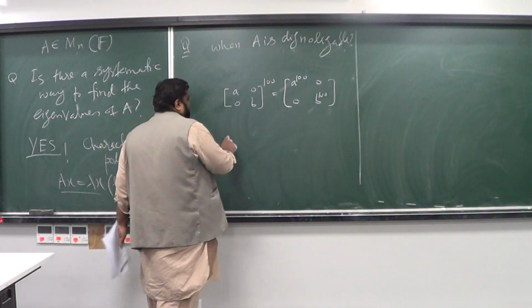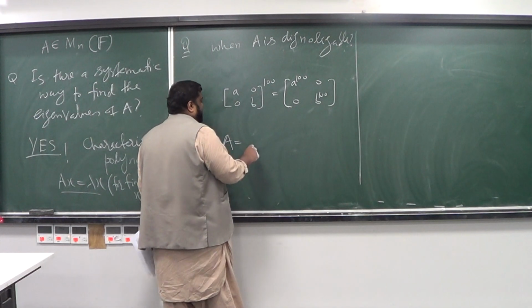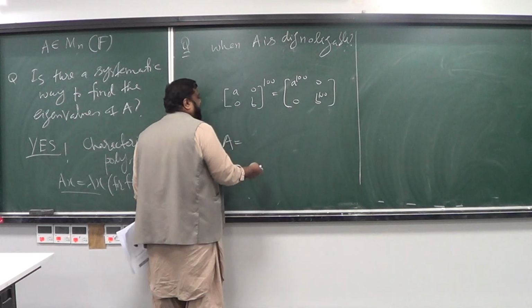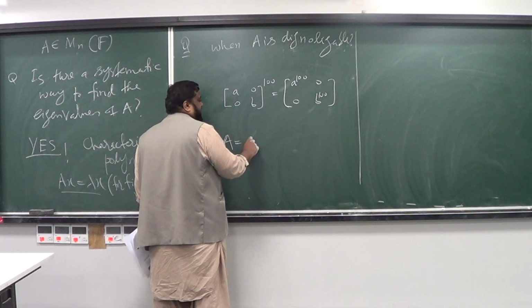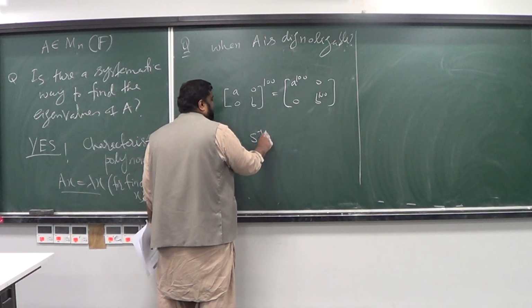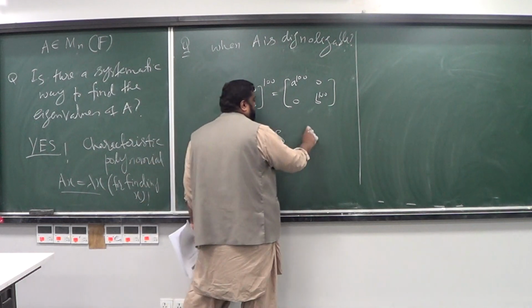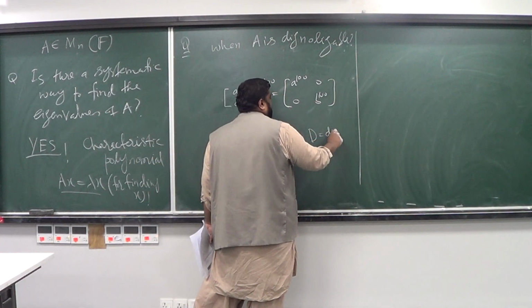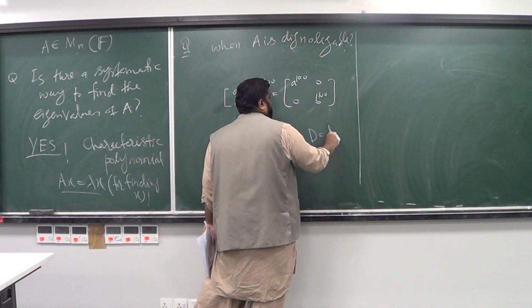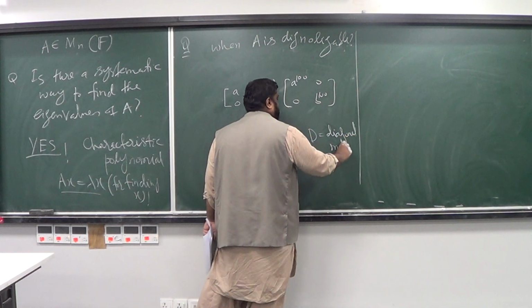A matrix is diagonalizable if you can write it as a conjugate of a diagonal matrix.